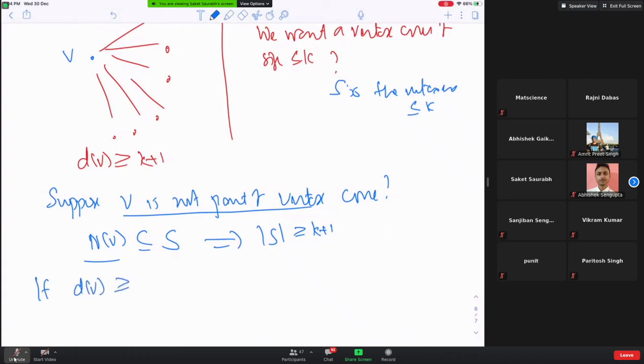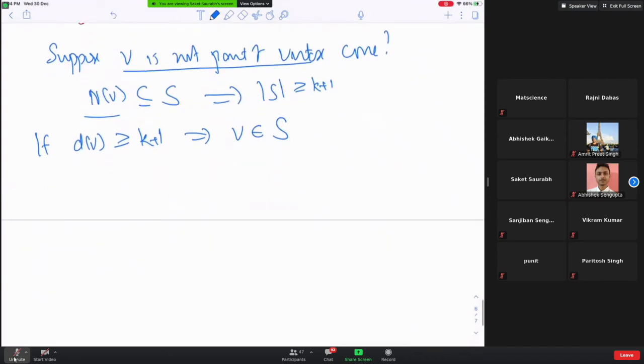Exactly, so if degree of V is greater than or equal to K plus 1, that implies V is in the vertex cover of size at most K, in every vertex cover of size at most K actually, right? Then this is like a reduction rule, right? So what kind of reduction rule can we come up with? If I forget about the space constraint, then I say let's delete V from this and look for a vertex cover of size at most K minus 1, right?